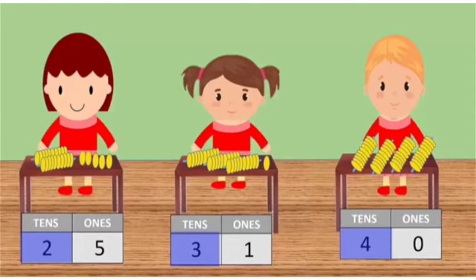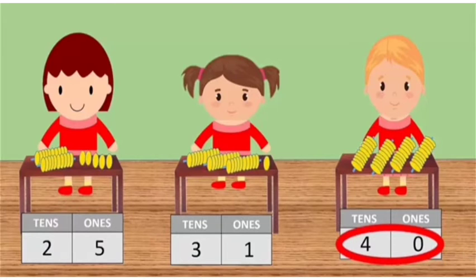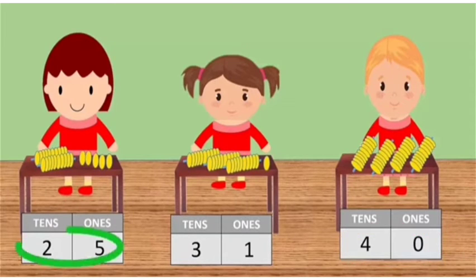So, if we compare tens place, 2, 3, 4, 4 tens is the biggest and 2 tens is the smallest. So, 40 is the biggest number and 25 is the smallest number.